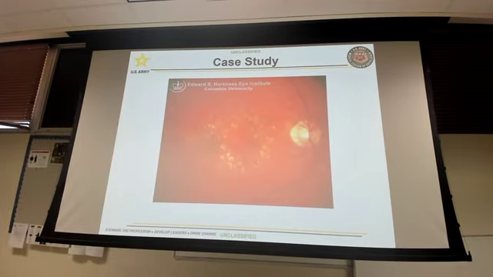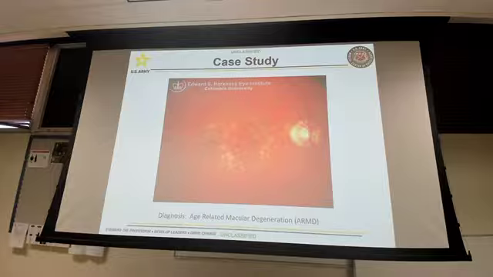This is what you see. And what are we thinking? Age-related macular degeneration. Very good. So again, we're looking in the macular region, right? You see some exudates, that white, yellowish speckle going on, and some pigmentary changes in that area.